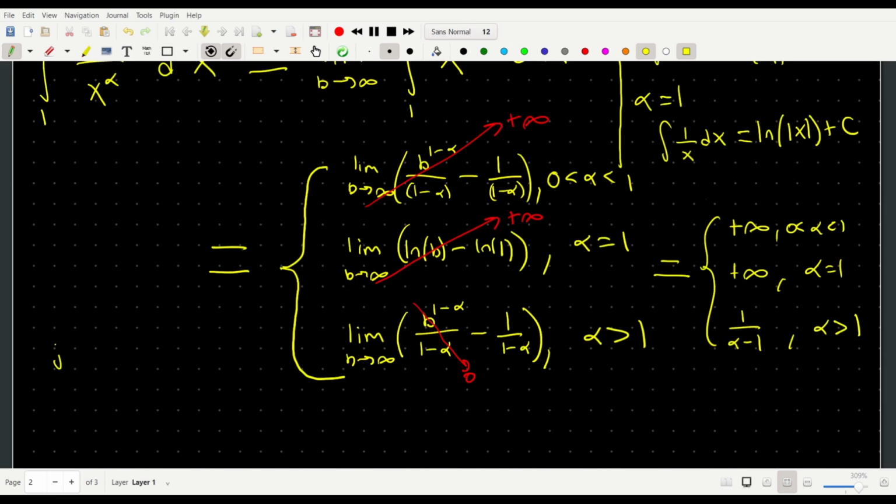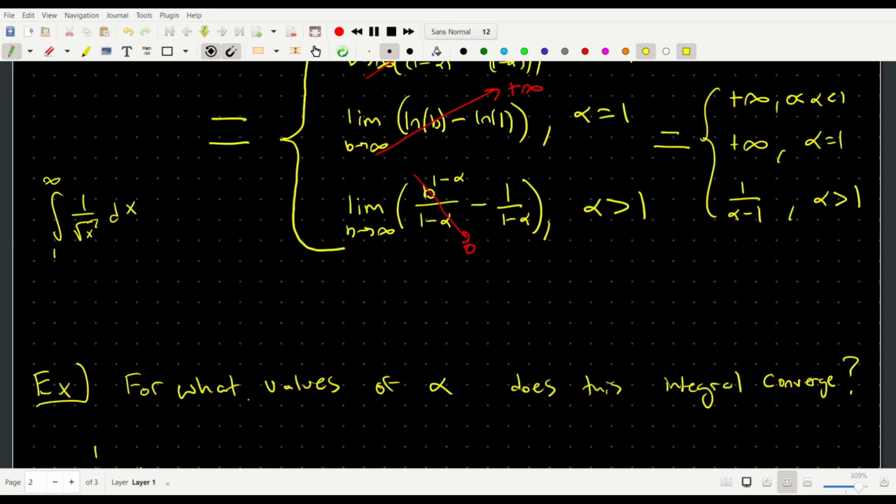So for instance, if you were to see the improper integral from 1 to infinity of 1 over the square root of x dx, with this result, you can immediately say that this is going to diverge. However, if you were to see the integral from 1 to infinity of 1 over x to the pi dx, you can say immediately that this is going to converge because the alpha value here is strictly greater than 1.